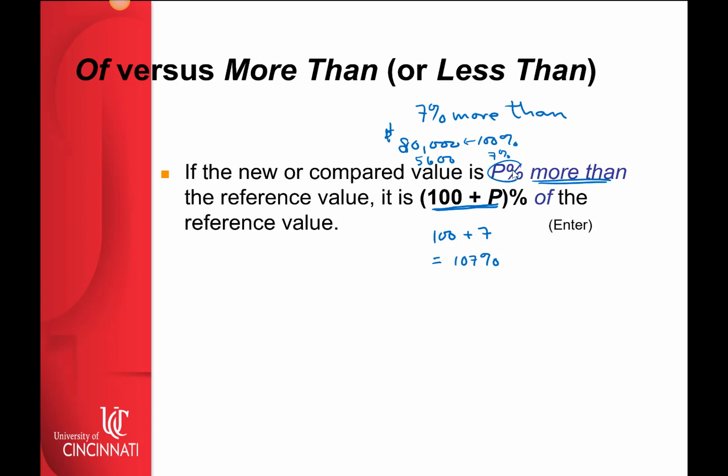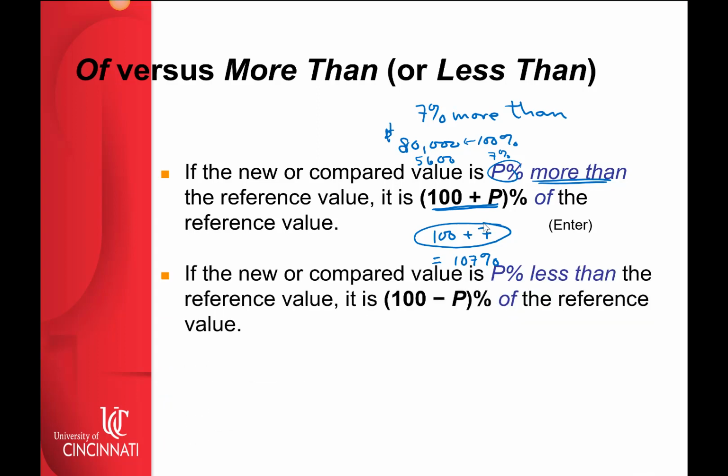The other way is to avoid adding big numbers and add the 100 and the 7% and let the calculator add them together for you by doing the computation. Which way's right? Either way is fine. They'll both get you there. It's just which one you're more comfortable with.